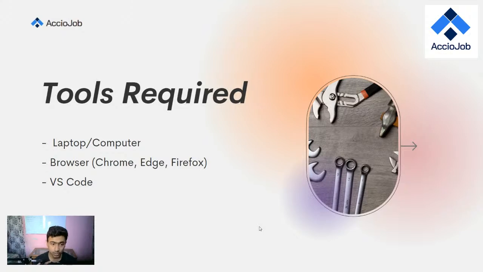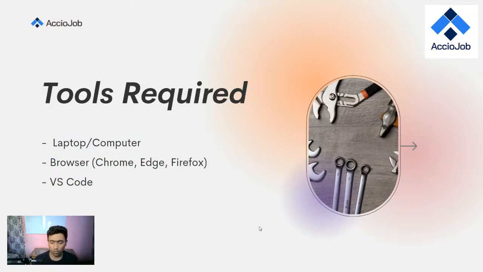It's a very popular code editor, and it will help us write code in HTML and CSS, right? So these are the tools that are going to be required, and I will be watching your queries in the chat below. If you have any queries, do put them in the chat below. I will hope to answer all of them. But yeah, that's pretty much about the tool section.